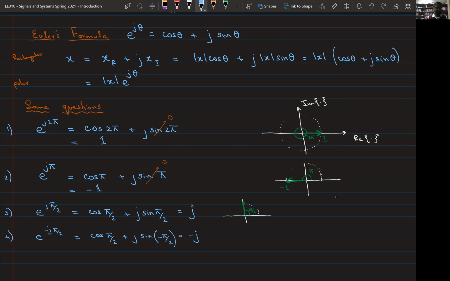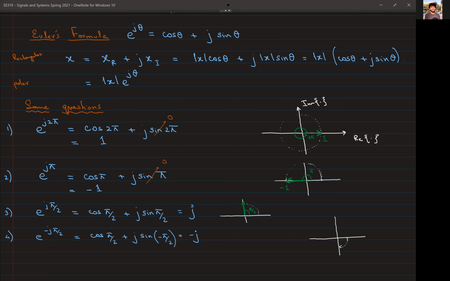Right? And you can, of course, come up with a graphical representation as well. So minus pi by 2, let's do that. So graphically, what does minus pi by 2 mean? If this was a two-dimensional space, you're starting out here, and minus pi by 2 is this angle. So this is the angle we're talking about.